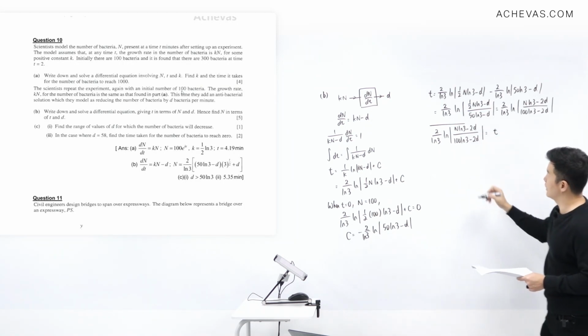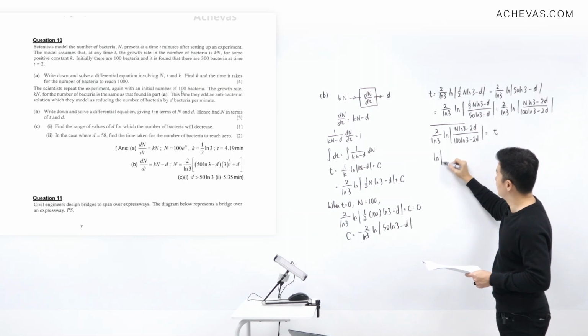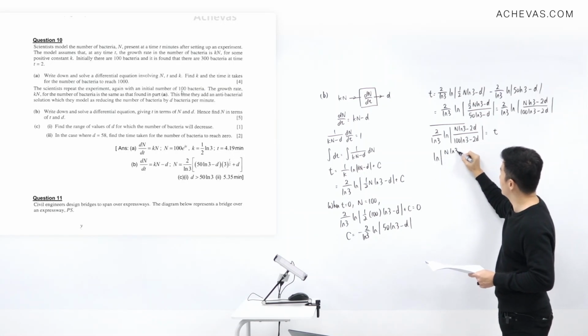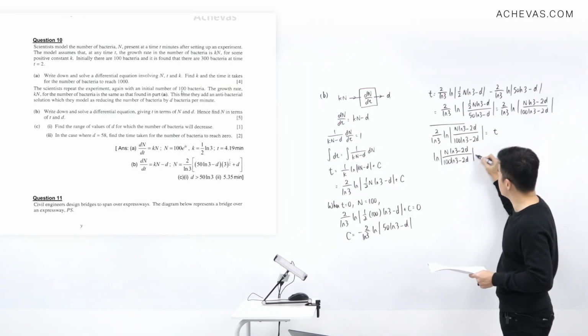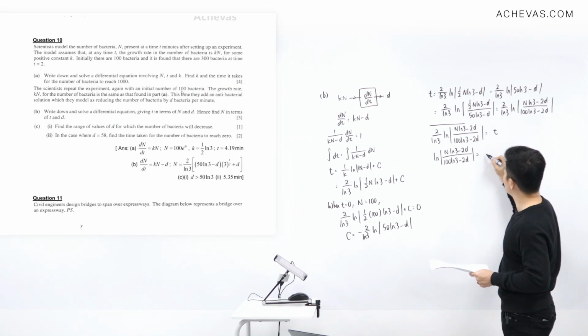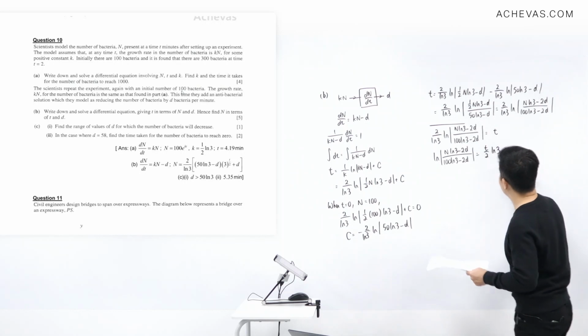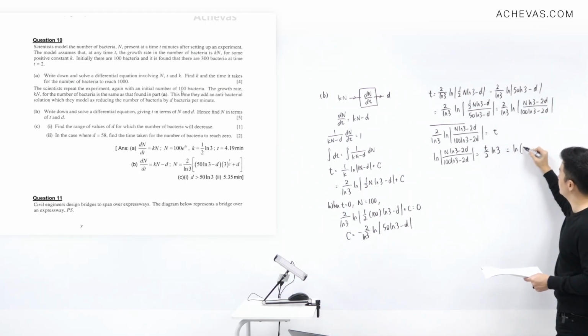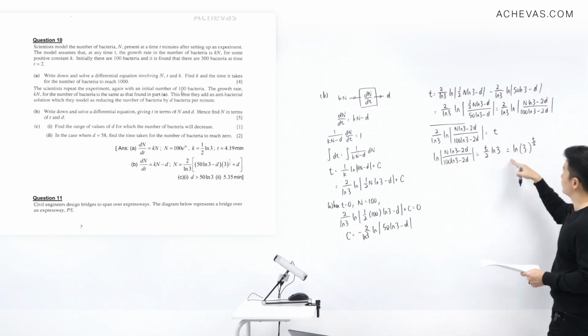Let's shift this over to the right-hand side. So we have ln of modulus of n ln 3 minus 2d divided by 100 ln 3 minus 2d is going to be equal to t over 2 ln 3, which I can also write as ln 3 to the power of t over 2. So ln of this is equal to ln of this.